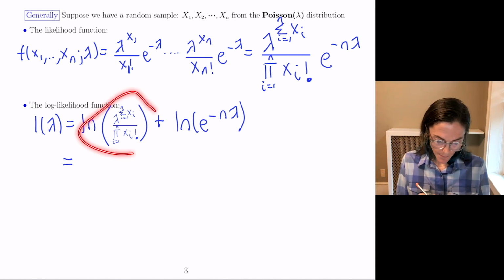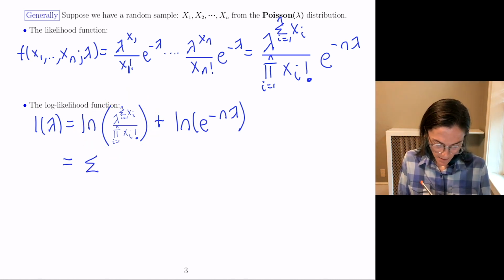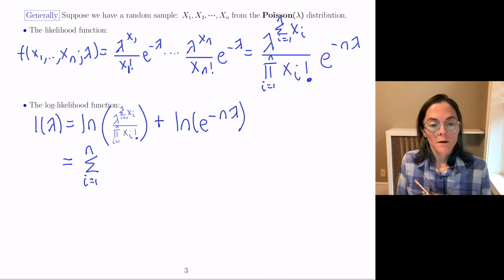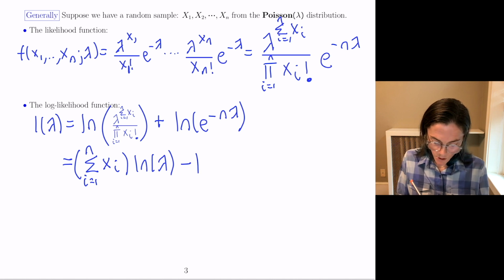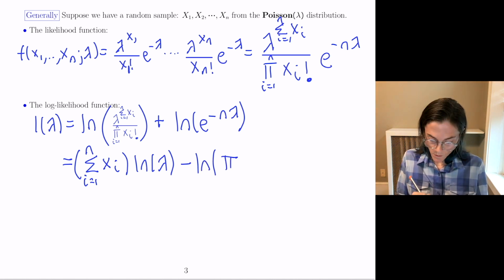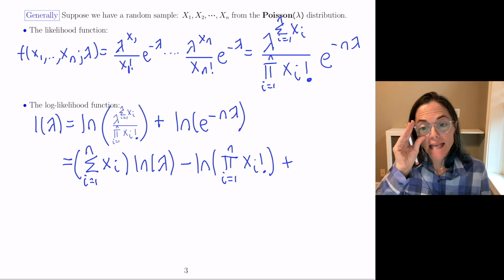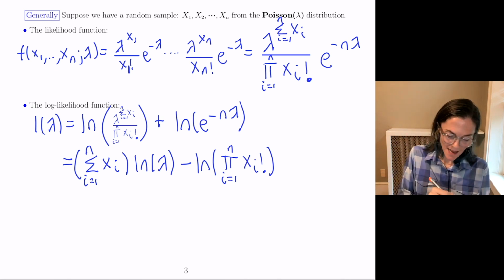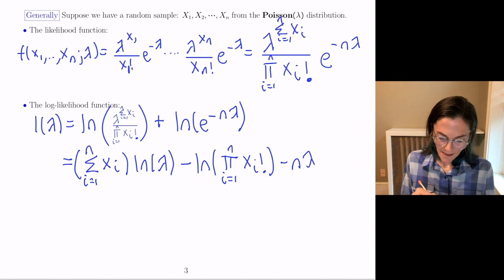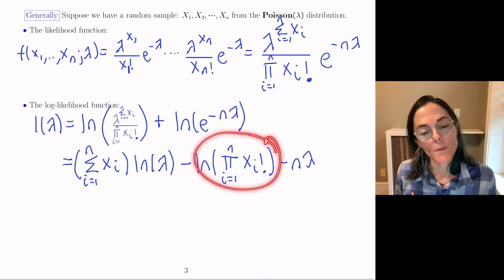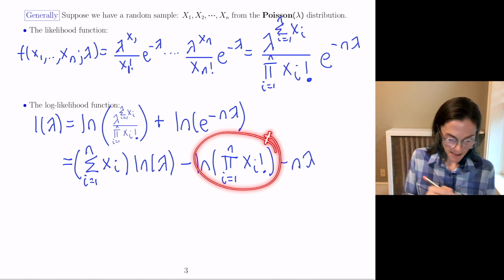This will really be two things happening at once, but we will have a sum, i equals 1 to n of xi, and then times natural log lambda, subtract off the natural log of the product, i equals 1 to n xi factorial. And then the second term, it's a minus. We just have a minus n lambda. I mean, technically you could break this into more logs, but you notice there is no lambda in this. So with respect to lambda, this is a constant, and so I'll just leave it like this.